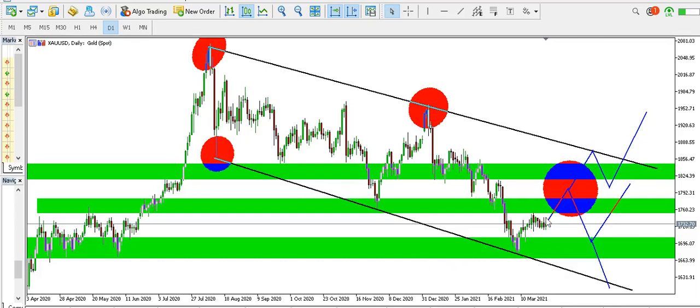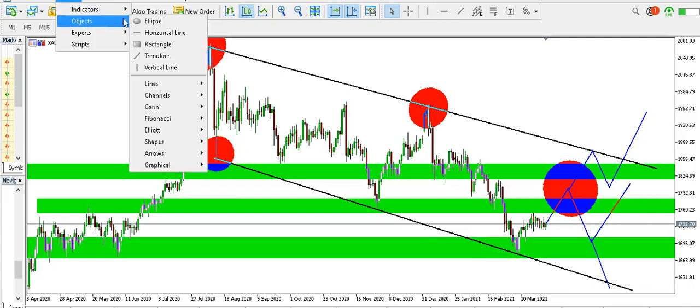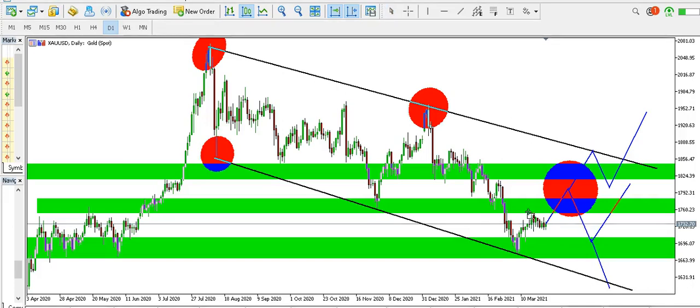In this particular area, we can see that you have something like a flag pattern around here. It's like a bullish flag pattern. So obviously price should go up at some point. I may be wrong, but I expect price to go up due to this flag pattern.